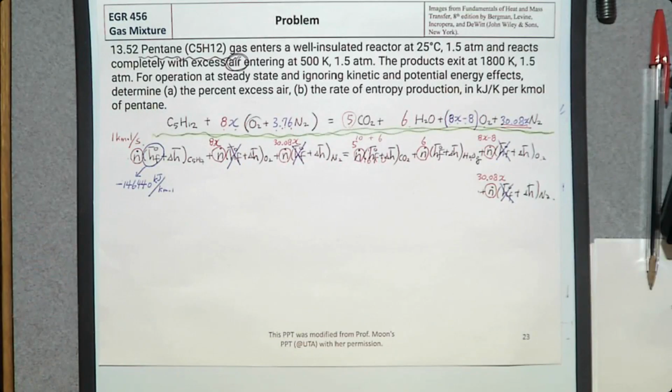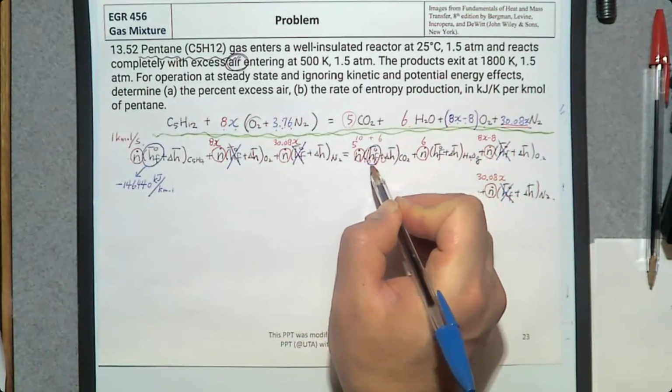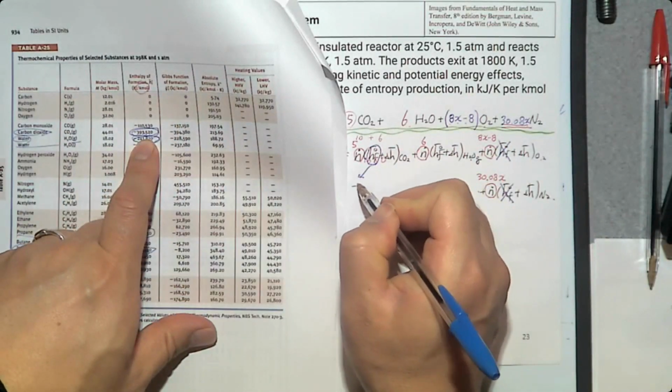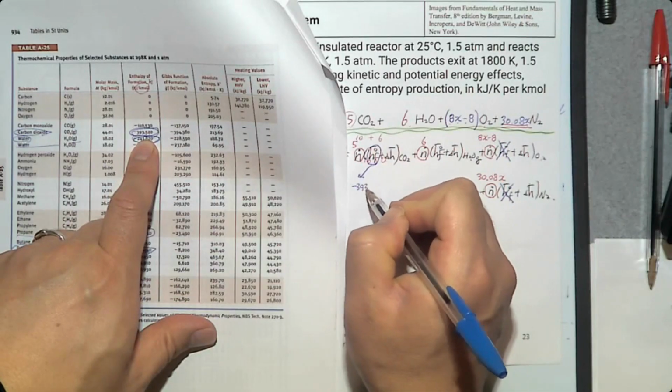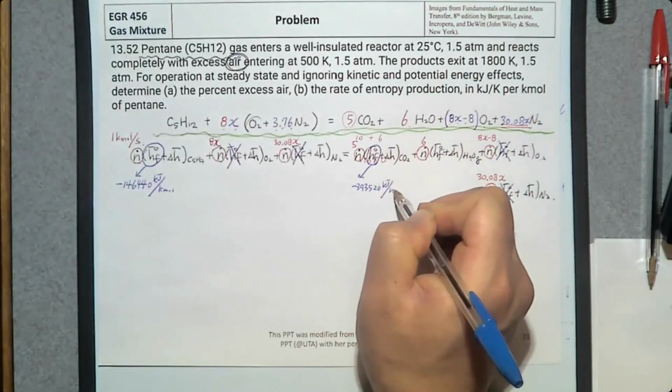Carbon dioxide: minus 393,520 kilojoule per kilomole.